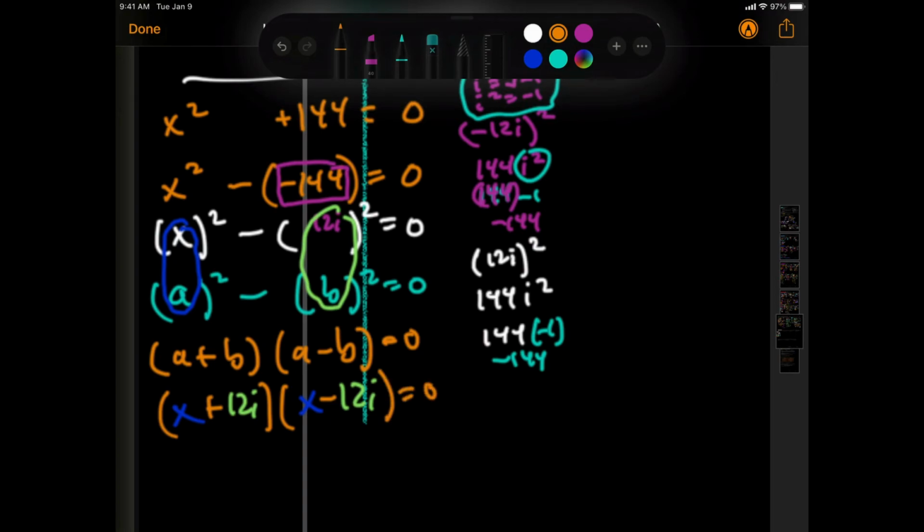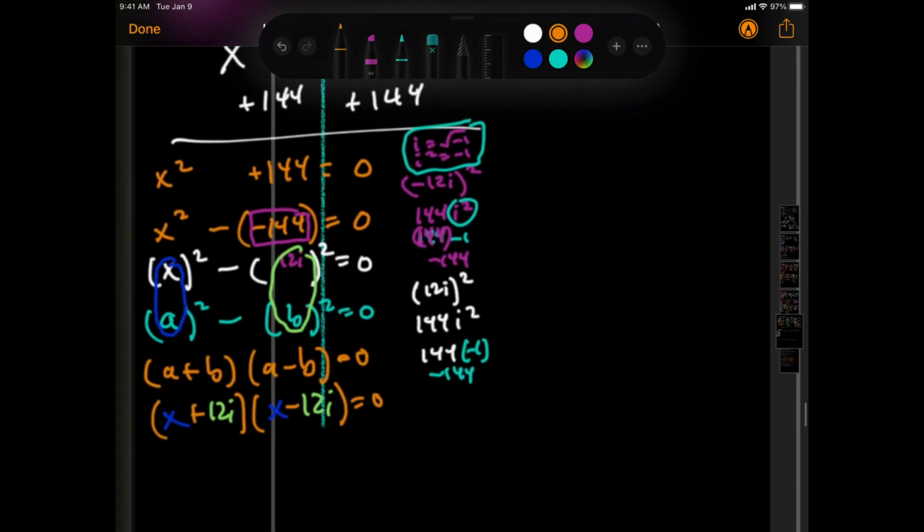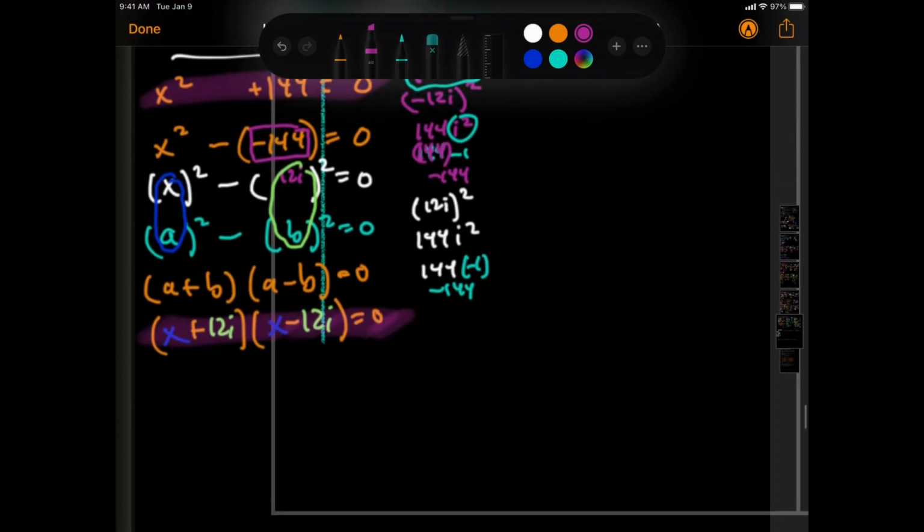So what we've done so far is we factored x squared plus 144. Let me highlight that for you. We factored it here to equal this, okay? And then now we just need to solve it. I can solve this by setting it equal to 0 and subtracting. You get x equals negative 12i.